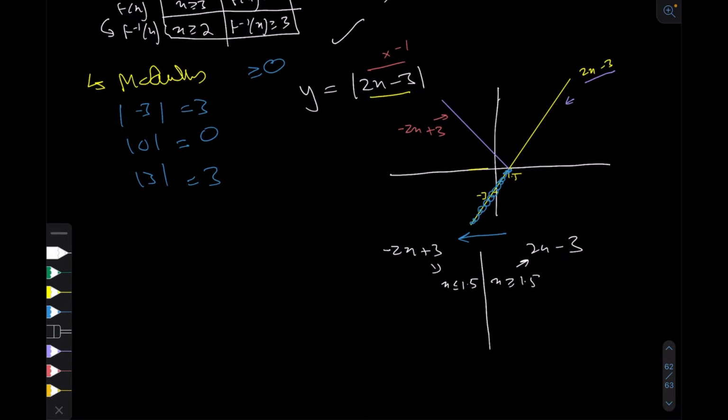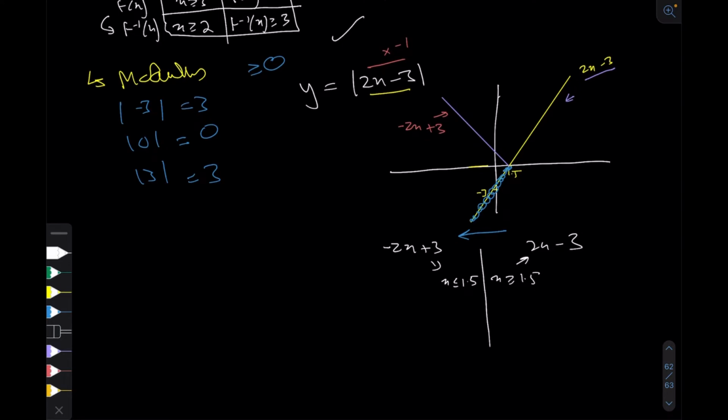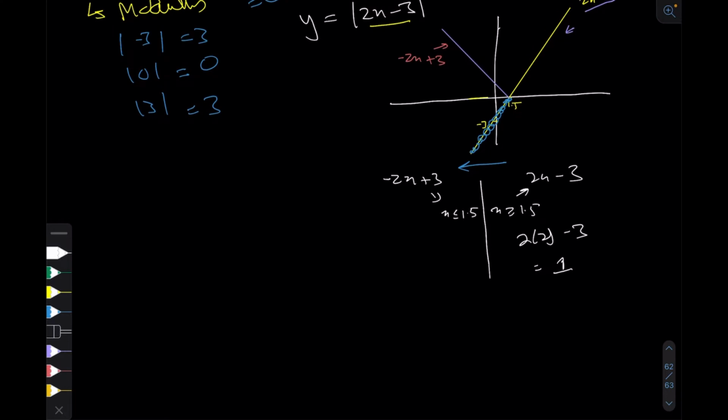If you take any value that is greater than 1.5, say you take 2, you will get a positive value, 1. At 1.5, this will give you 0. If I take any value that is less than 1.5, say I take 1, it will give you a negative value.